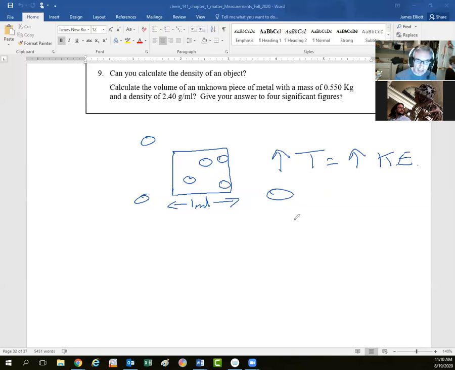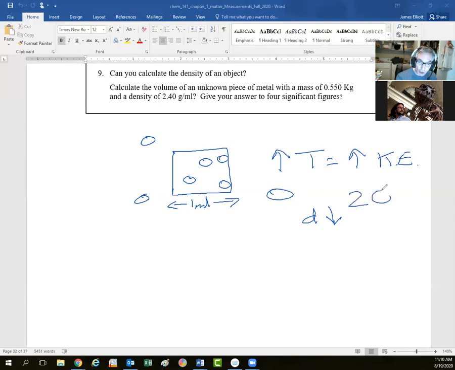So as temperature increases, the density normally decreases because matter expands and it becomes less dense. So if you want to compare densities of different chemicals for identification, you've got to make sure you do it at the standard.